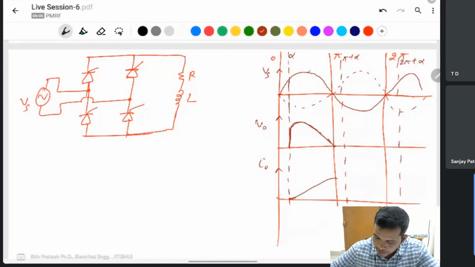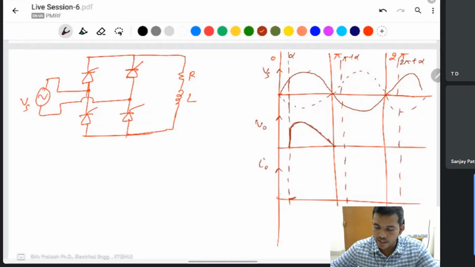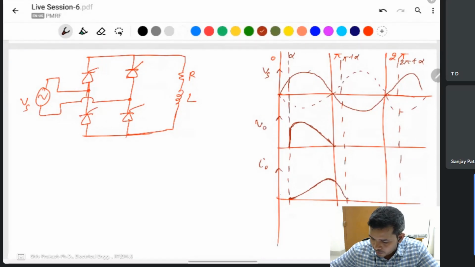The maximum will go at pi only if an inductor is present, but in an RL circuit, resistance is also present, then it will be maximum before pi. After that it will go to 0, like this current waveform. Then I start this one.